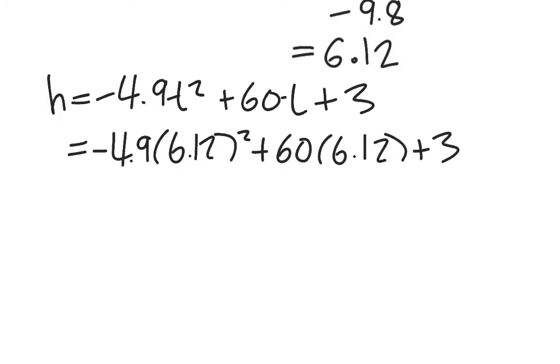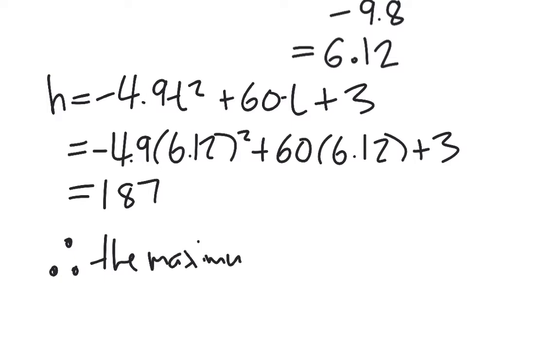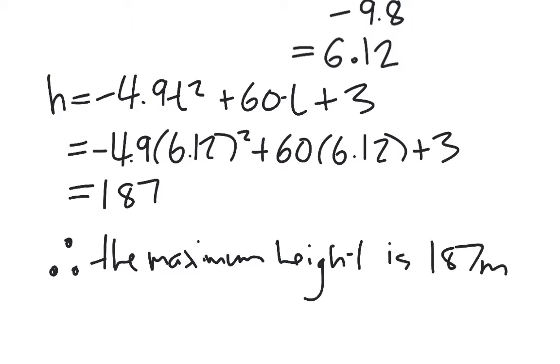Don't forget to pay close attention to BEDMAS. Your answer should be approximately 187. Remember, we wanted to round to the nearest meter. Let's do a quick therefore statement. Therefore, the maximum height is 187 meters.